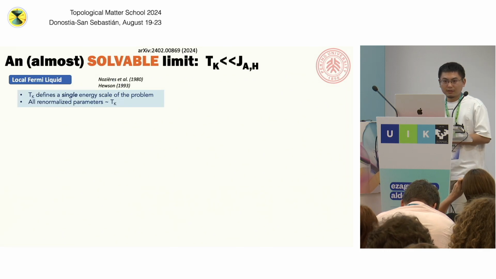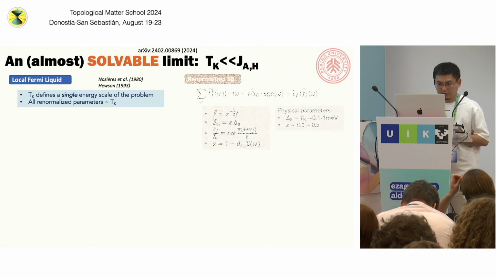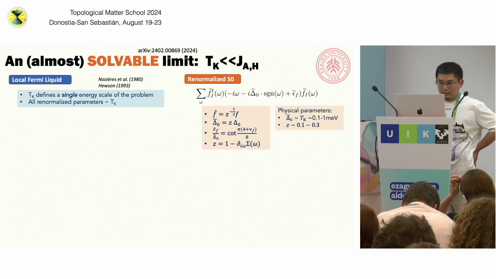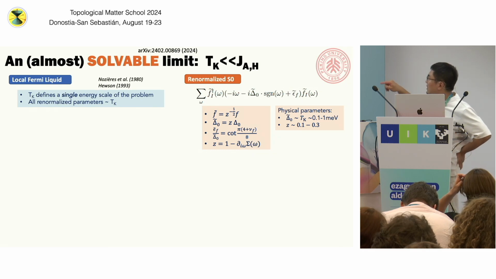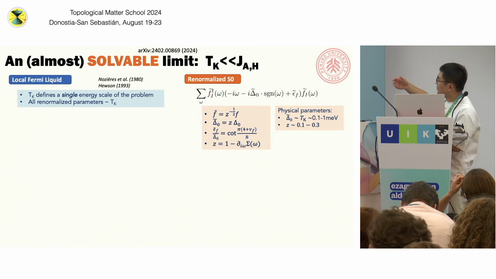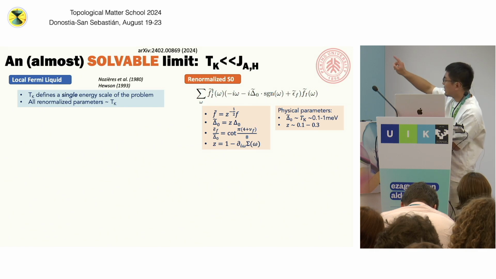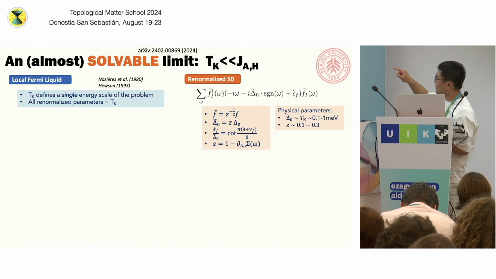Okay, so now let's go back to the effective model. First we assume the parent state is a local Fermi liquid characterized by a Kondo temperature. Now let's consider the limit where the Kondo temperature is much lower than GA or GH.